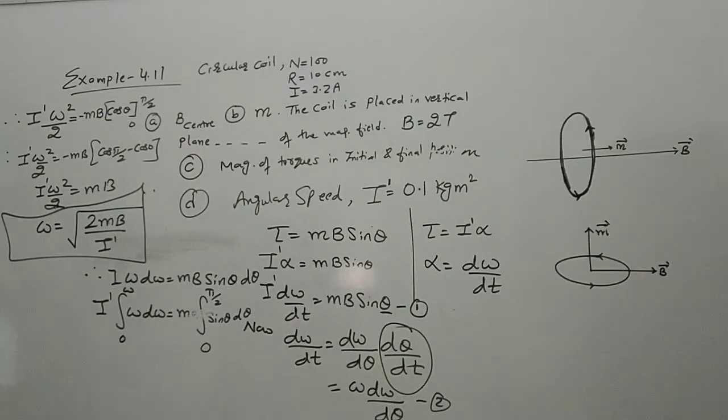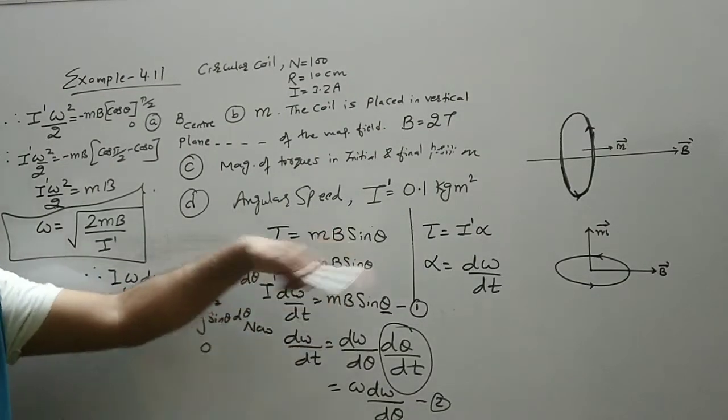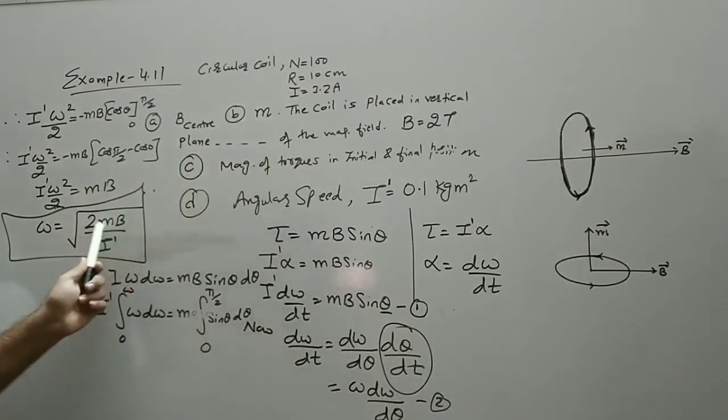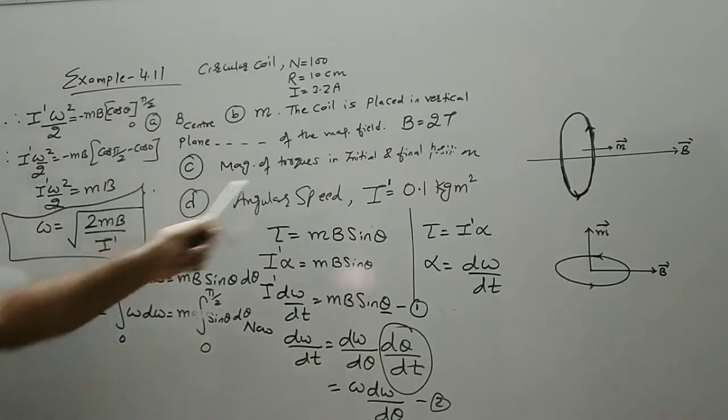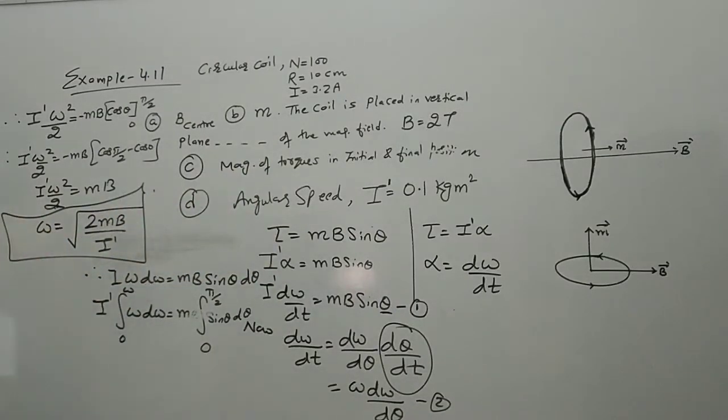Now we know the value of the magnetic moment, M can be found. B is given as 2 Tesla. Moment of inertia is given. So you substitute these values. Also remember that from this omega you can find out the periodic time and the frequency. So if I have to find out the frequency, omega can be written as 2 pi f.